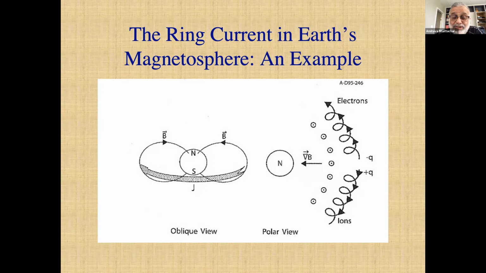Because there are collisions. The ionospheric plasma tends to be a lot more collisional than the plasma out there in the area of the ring current. And so even E cross B drifts in the ionosphere produce a charge separation in a way that the simple explanation I gave you doesn't fully account for. Okay, thank you. You're welcome.